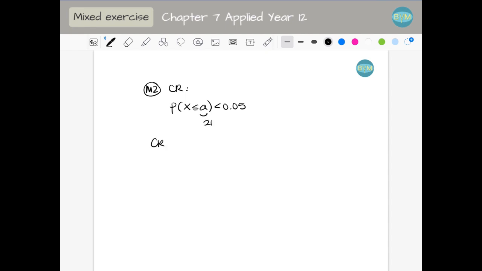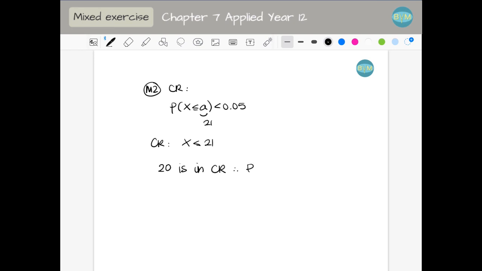So my critical region is X smaller or equal to 21. If 21 or fewer patients recover, that means it's in the critical region and I have to reject. And that's what happens: 20 patients is in the critical region because it's smaller than 21.